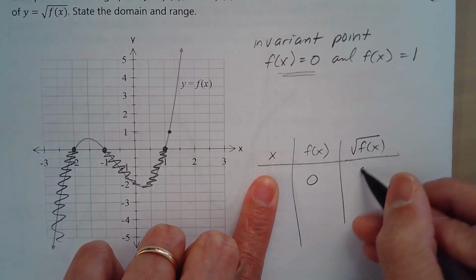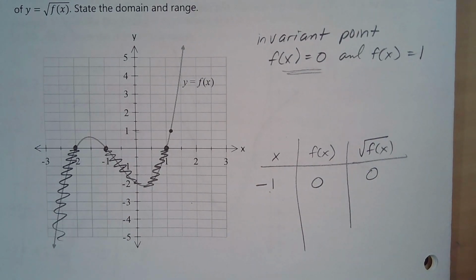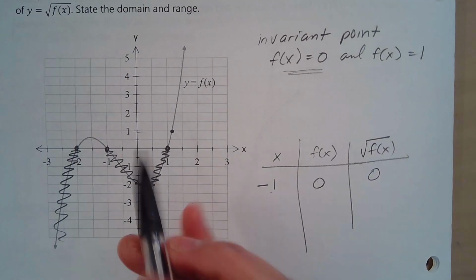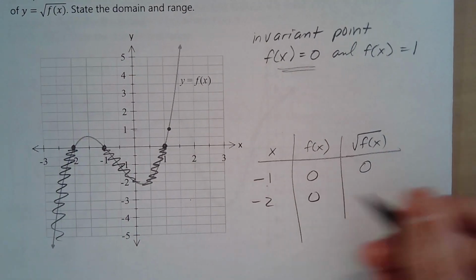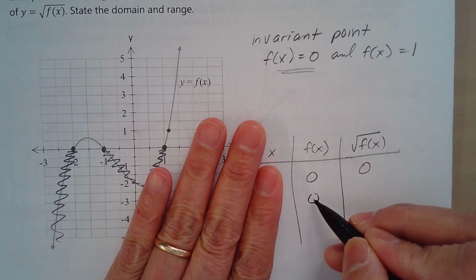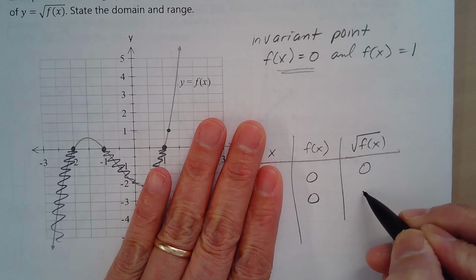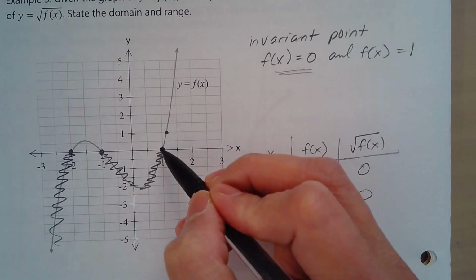Yeah, 0. Okay, is that good? Okay, so that one is okay, and then this one is okay, right? So negative 2 comma 0. So f of x is 0, so square root of 0 is 0. Okay, good. So it's going to be somewhere over here.